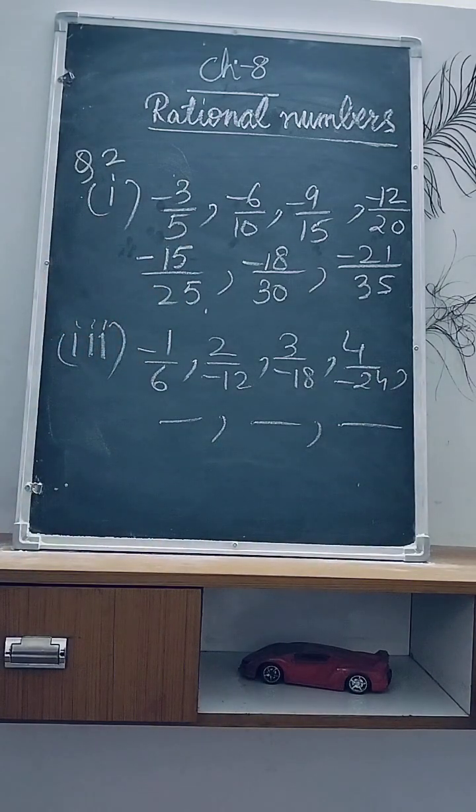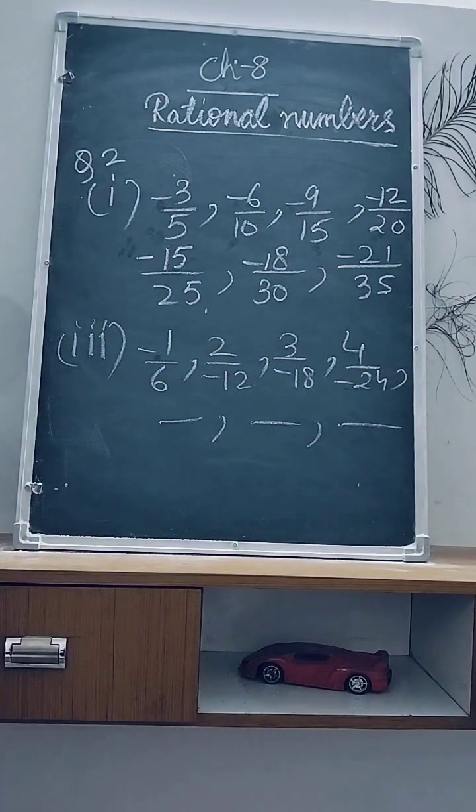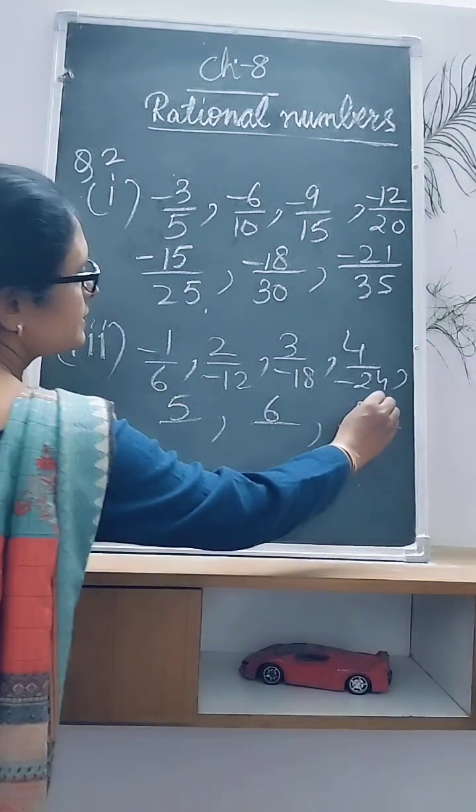Now see how we can solve this. There are numerators 1, 2, 3, 4. After 4, which numbers will we have? 5, 6, 7.